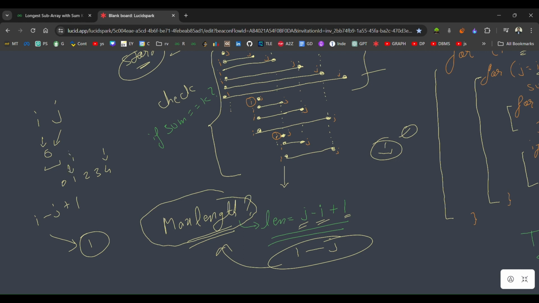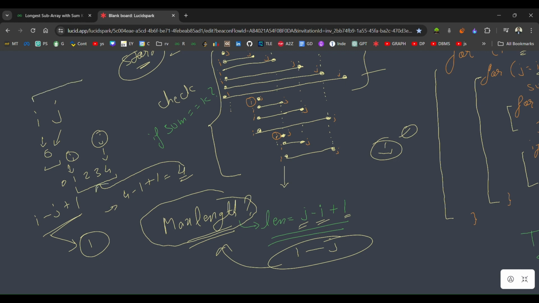So here i is there, here j is there. The length is this much. So by the formula, it will be j minus i plus 1. Okay, this is not i minus j plus 1, it's basically j minus i plus 1. So 4 minus 1 plus 1 will give 4, which is basically the length, right?